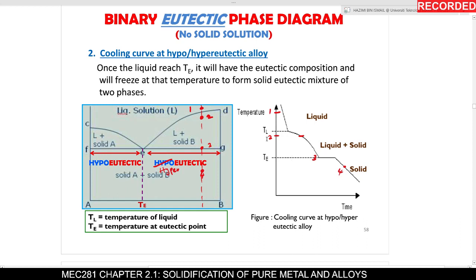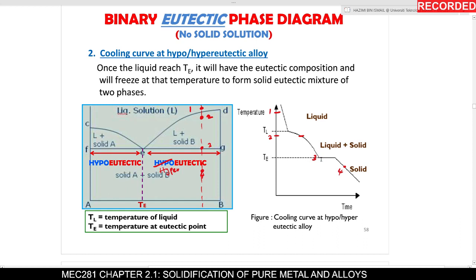So why is there a curve here? Because at point 2, we have two phases, liquid and solid B, so that's why you have this curve, until it reaches point 3.